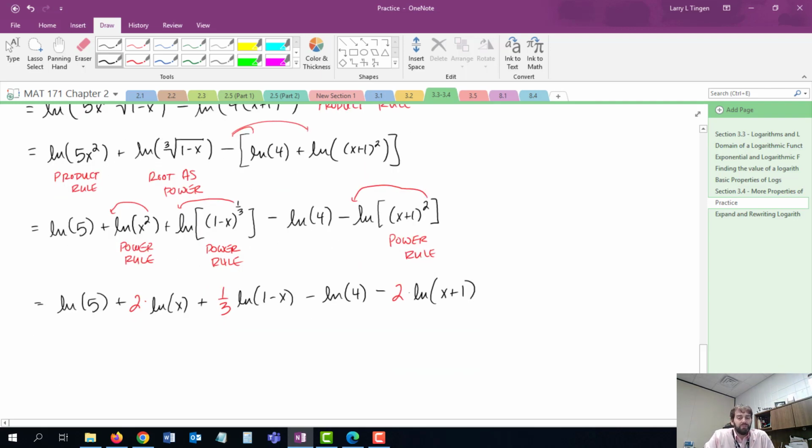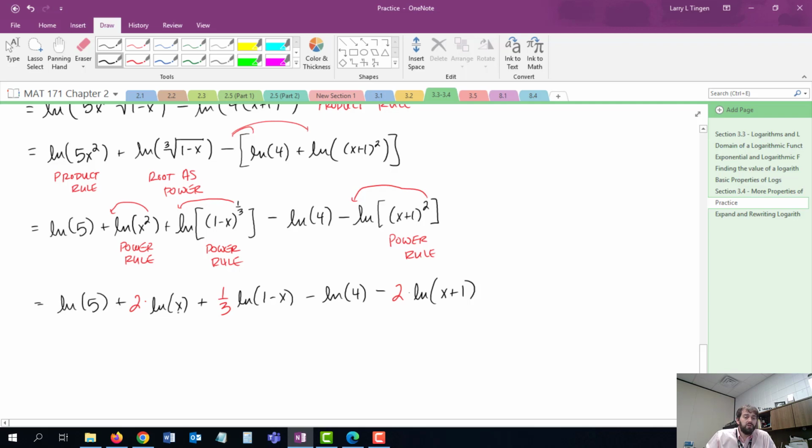Is there anything else to do? There's no multiplication on the inside, there's no division on the inside, there's no powers on the inside of any of the logs, so that means those 3 rules are done. I don't have a case where I have a base that matches the argument. And last thing to check is, do I have any like logs? Do I have any logs that have the exact same argument?